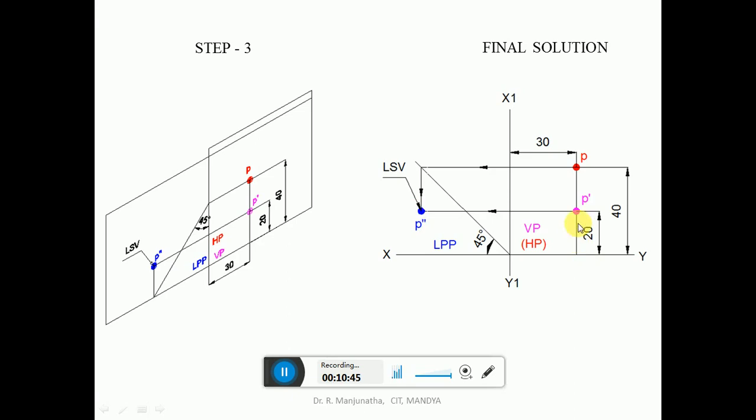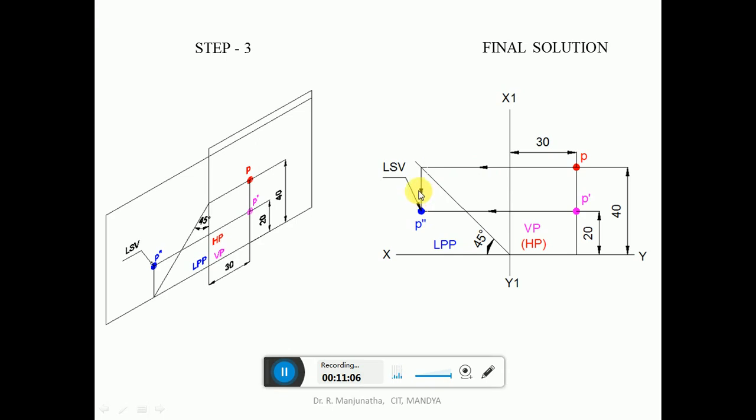The distance behind VP, which is vertical here, has to become horizontal. Therefore, you draw a 45-degree line adjacent to HP and draw a horizontal projector from the top view to the 45-degree line, wherein it will transfer this vertical distance of 40 mm into the horizontal distance here.